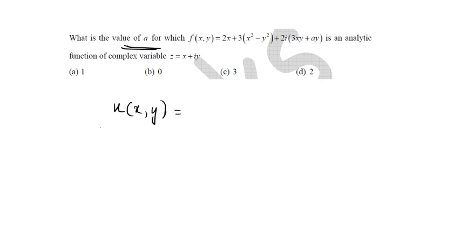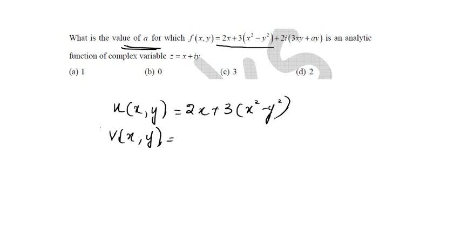This is the real part: 2x plus 3, x square minus y square. And the imaginary part v of xy will be 2, 3xy plus ay.